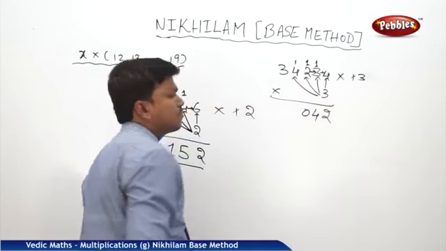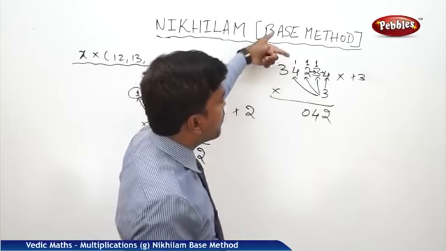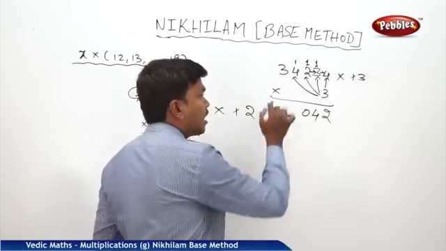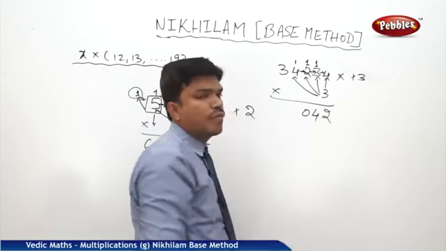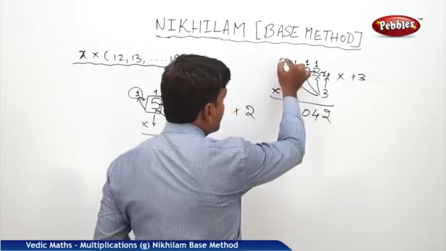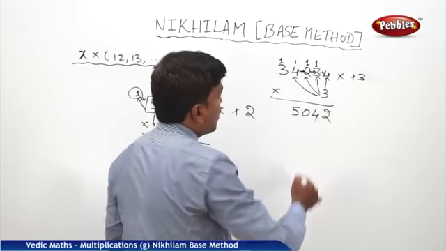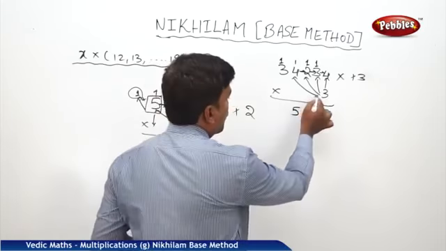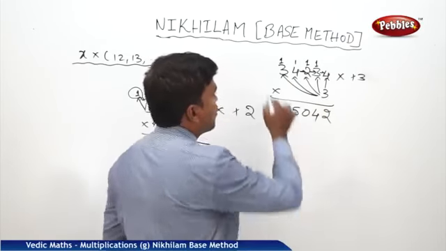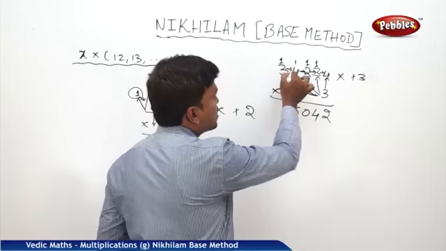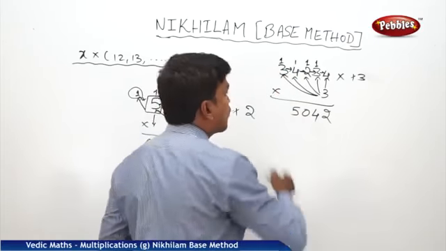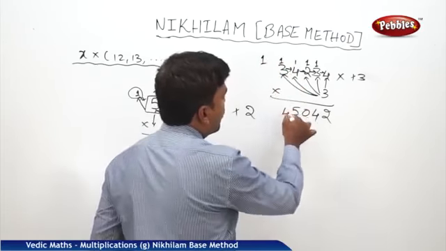Now 3 4s are 12. 12 plus 1 is 13. 13 plus right side digit 2 is 15. Drop 5, carry 1. Now 3 3s are 9 plus 1 is 10. 10 plus right side digit 4 is 14. So carry 1, drop 4.